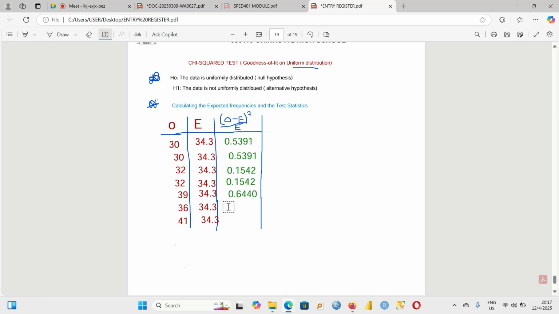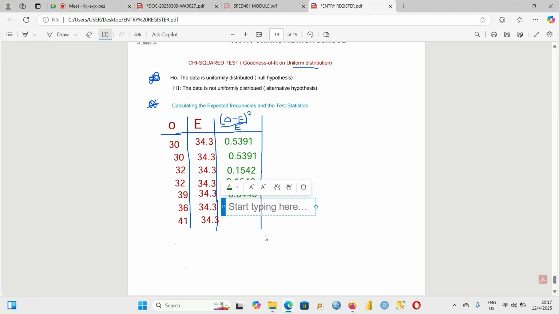I move on to the other one. 36 minus 34.3, that one I square it, then I divide by 34.3.